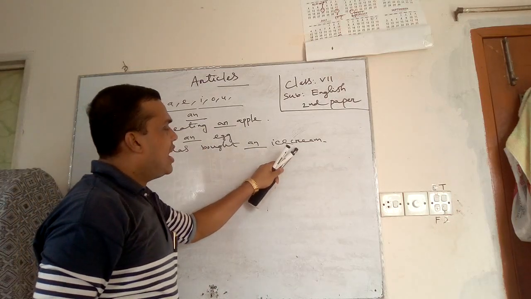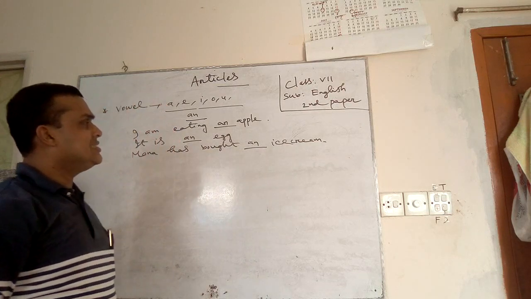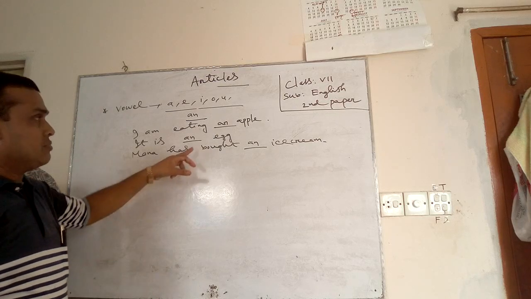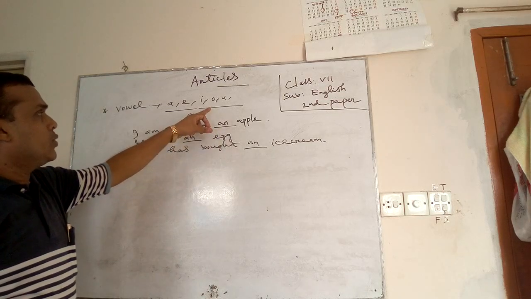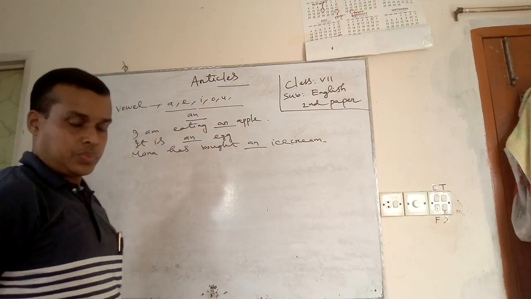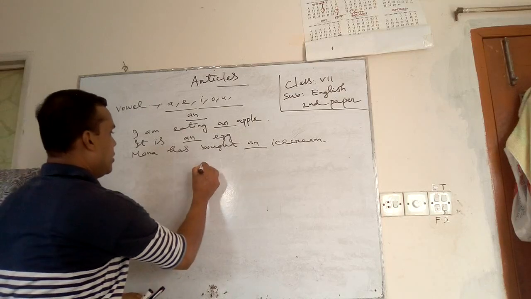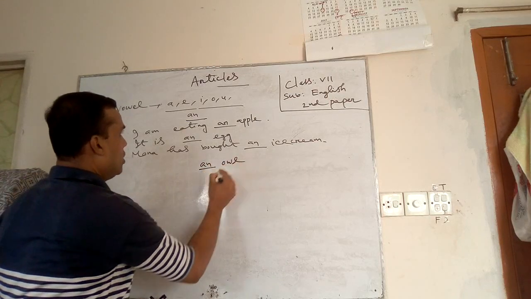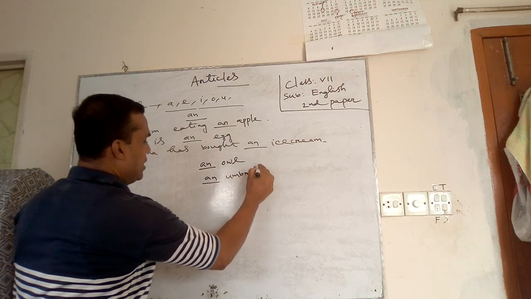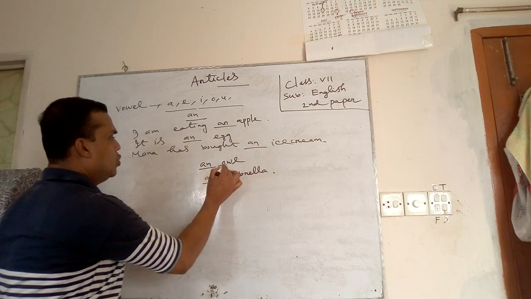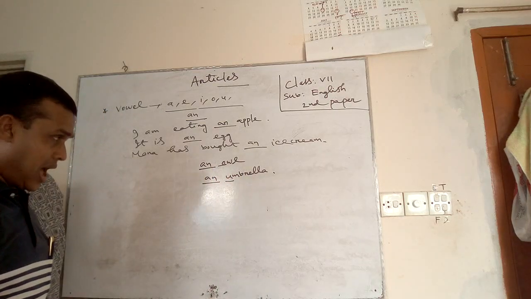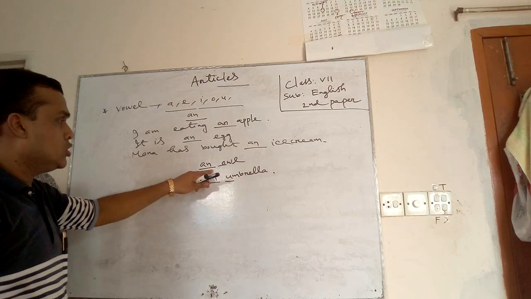The first letter of ice cream is I, a vowel. So we should use an. You can use more words: an owl, an umbrella. Because U of the word is a vowel, we should use an.